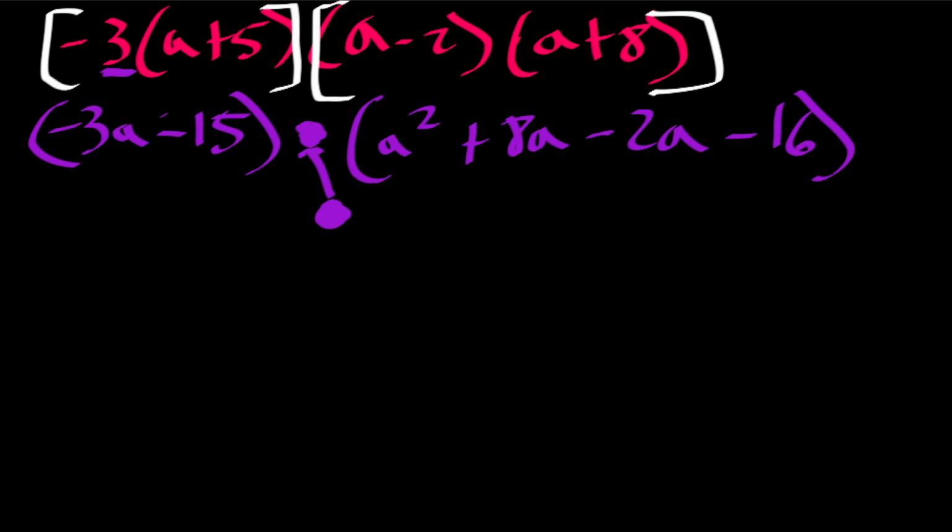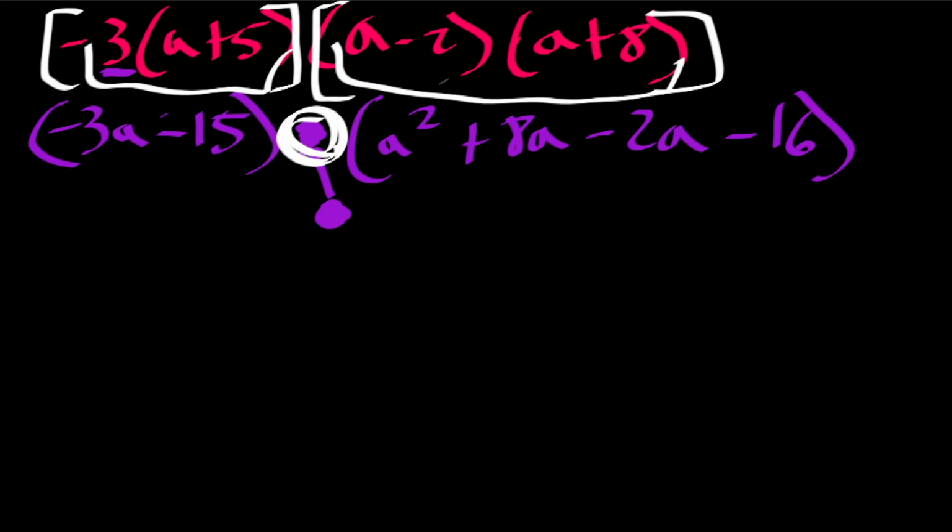Now, the only thing I really would want to do in this second parentheses is combine my like terms. But once again, this is the part you have to remember. We were still multiplying these 2 separate parentheses. So when we multiplied over here and over here, what we got as our product, we're still continuing to multiply.